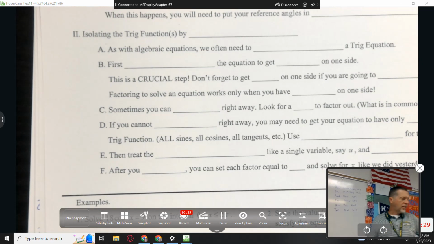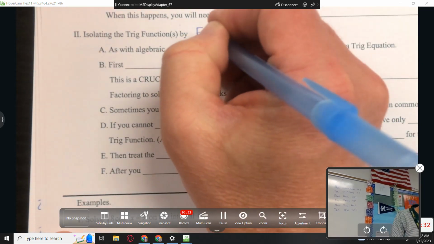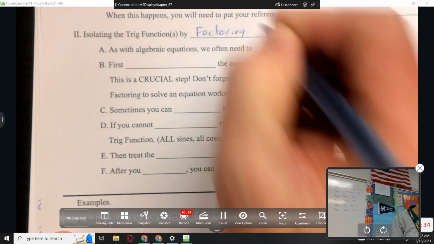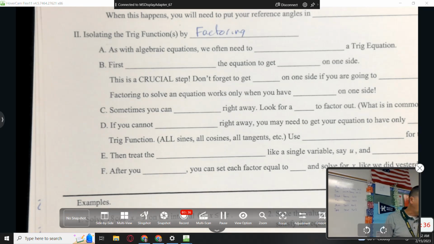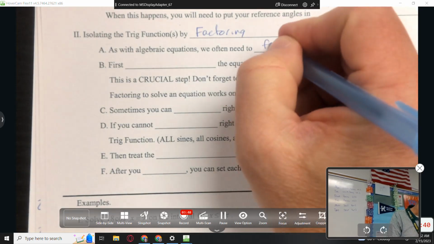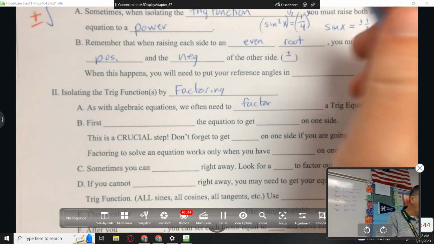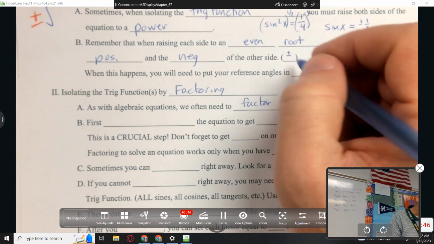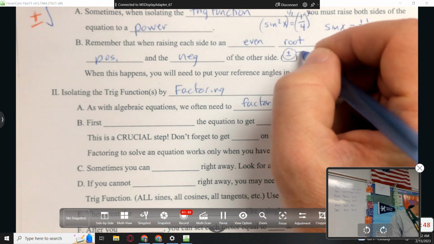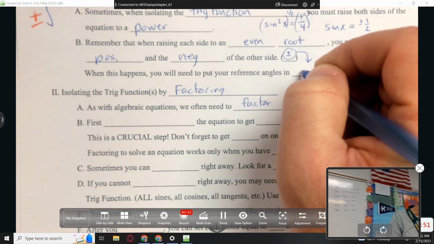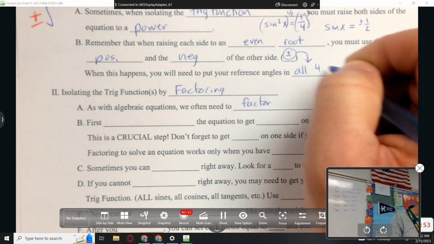All right, the second type of thing is factoring. It's like half of the next blanks are either factor or zero. On the blank where it says when this happens, when you get the plus or minus, what that means is you're going to use all 4 quadrants.